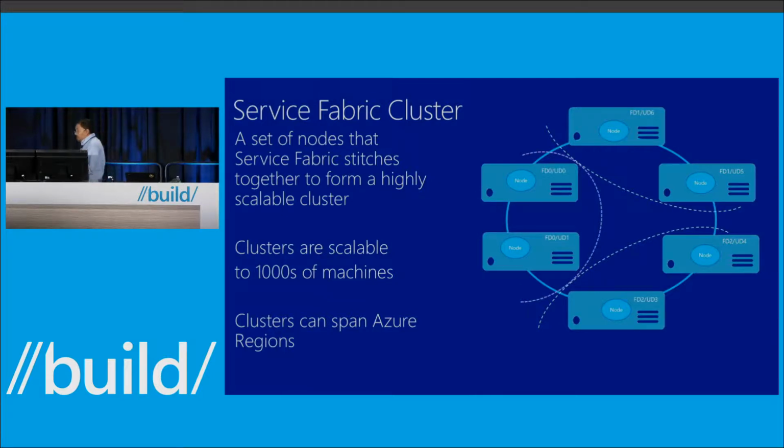For example, one of our internal services, Bing and Cortana, has clusters which span 3 data centers. Only last year, one of the sets of machines in one of the regions went down, and they didn't even feel it because there was no impact to the service.